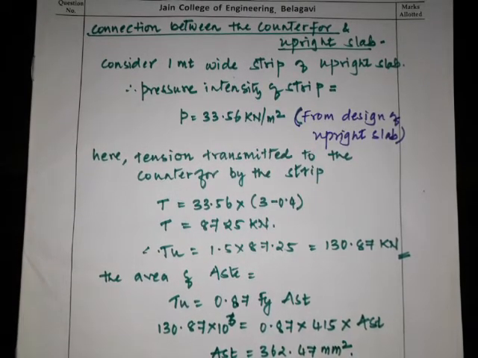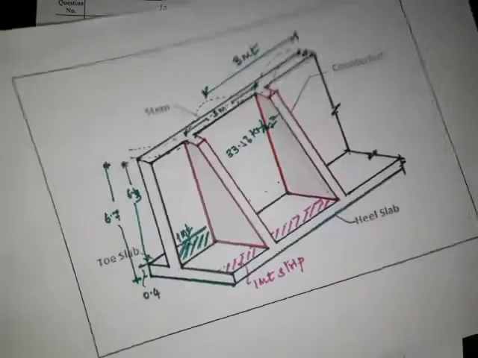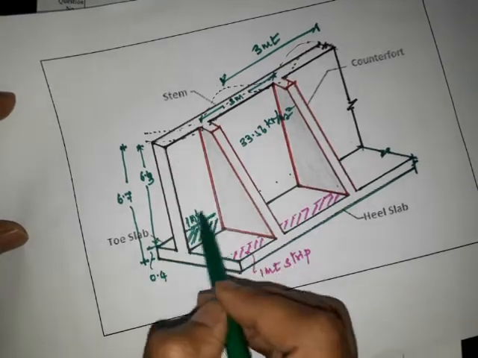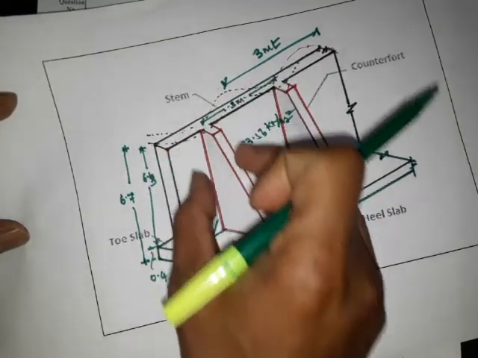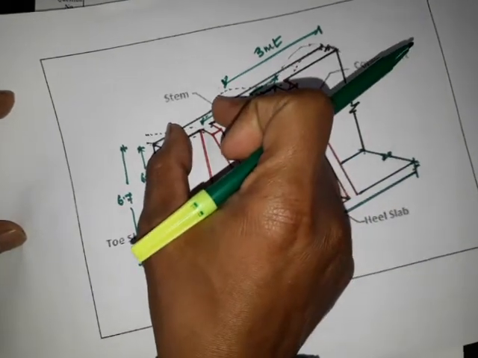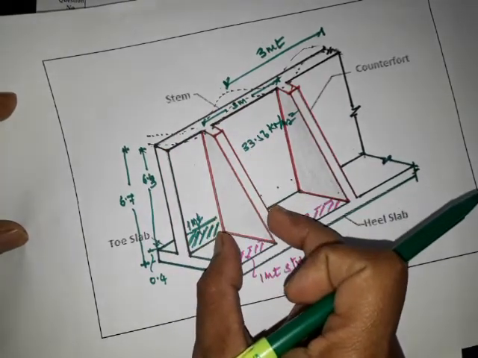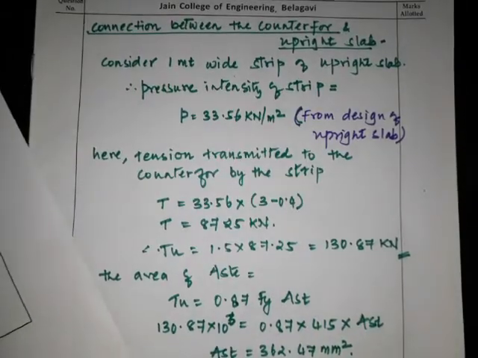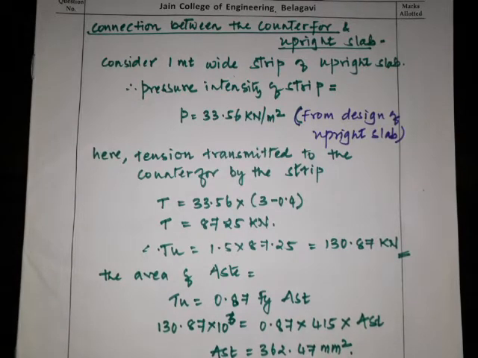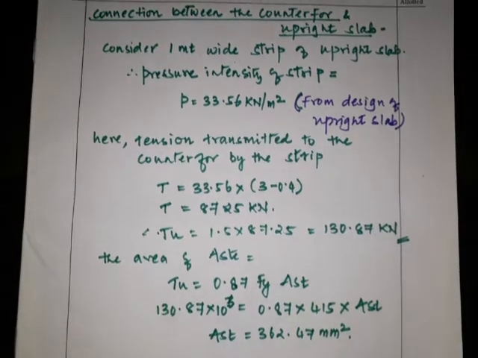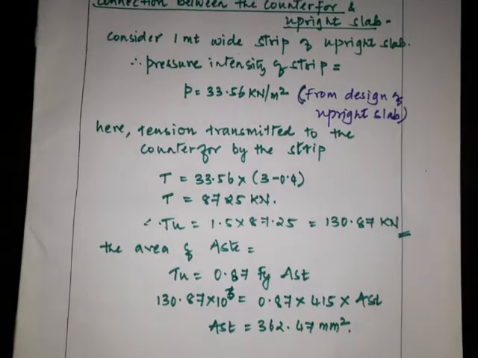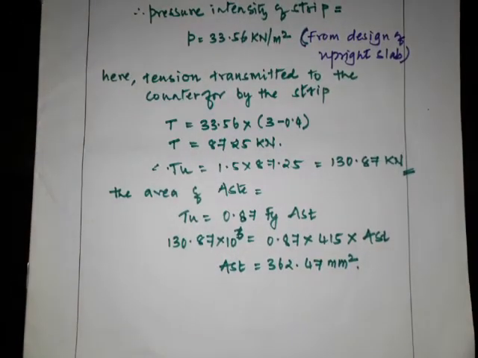So this much area of steel is required to provide the connection between the upright slab and stem, that is, the counterfort and stem. We have to provide it as a ring or a stirrup between the two elements.